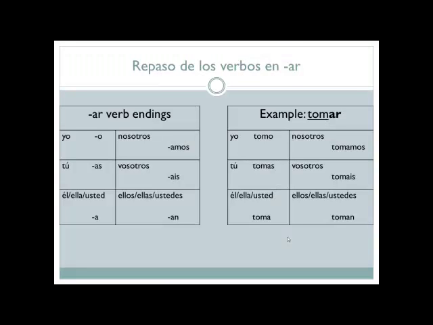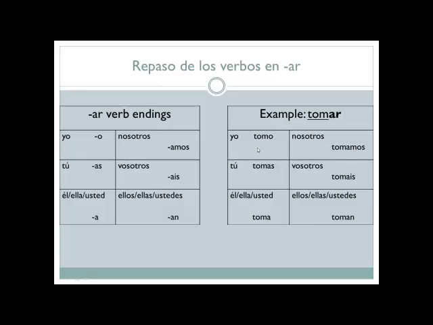Continuing with a little bit of repaso, repaso de los verbos en AR. So AR verbs, such as hablar, tomar, comunicar, regresar, those are all AR verbs, and the endings that accompany AR verbs are o, as, a, amos, áis, an.